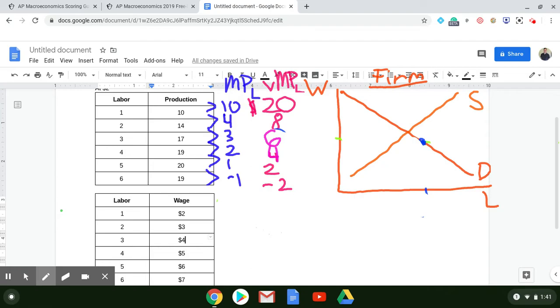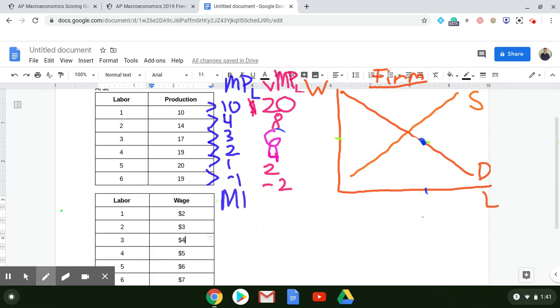For one thing, we can't go into everybody's mind and figure out that it's going to take $2 to get Jake to work, and then a $3 wage to get Sally to work. Plus, if Sally and Jake are doing the same job, Jake might get a little mad if Sally is getting paid more than him for the same thing. So we're going to end up having to charge the same wage each time.